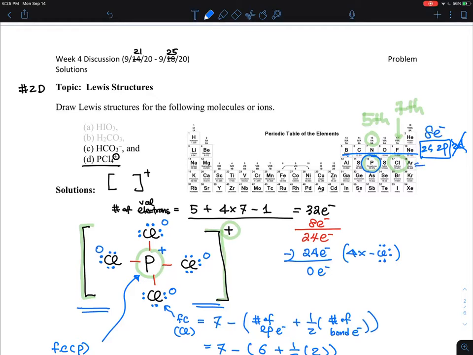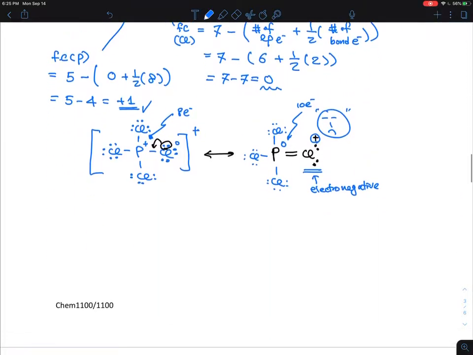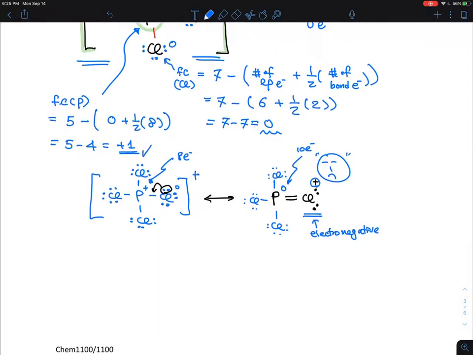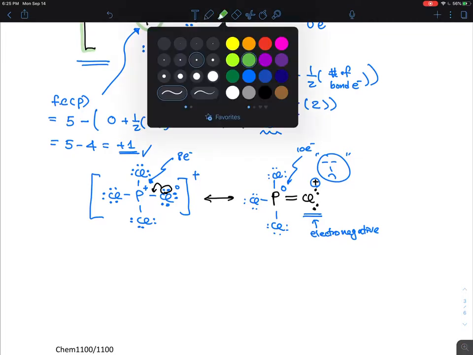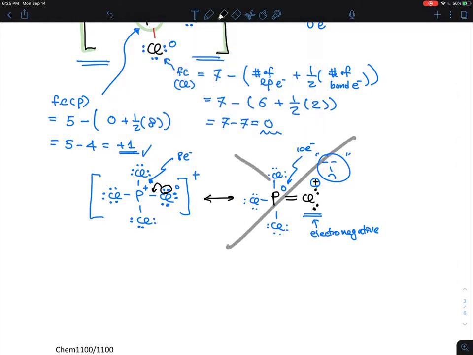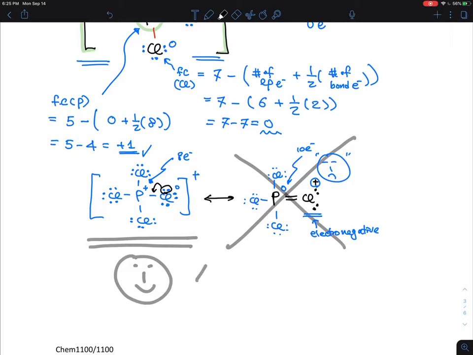But phosphorus has 3s, 3p, and 3d, so it still prefers the octet rule, but it has room for more than 8 electrons if needed. That's an extended or expanded octet. So this is still feasible, but it's not really favored. This is truly the good form of the resonance structure. So that's the answer for this resonance question.